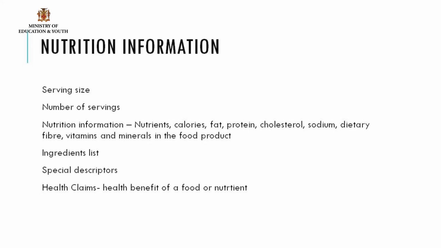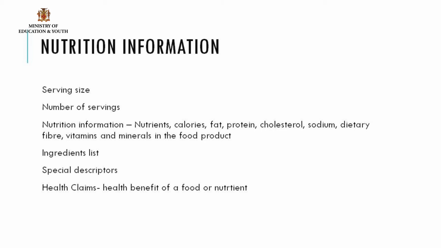Now, as it relates to nutrition information, you expect to see the serving size. You expect to see the number of servings, right? We expect to see nutrition information, right? So you expect to see the nutrients, the calories, right? In relation to fat, protein, cholesterol, sodium, dietary fiber, vitamins and minerals that are actually present in the food product.